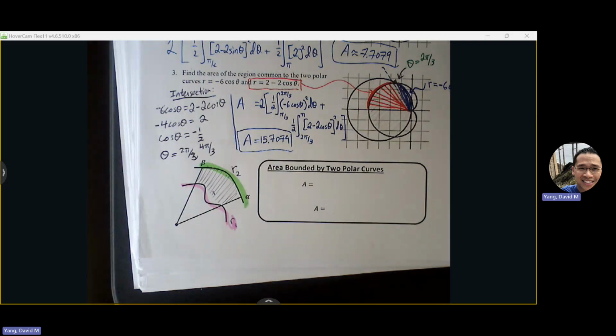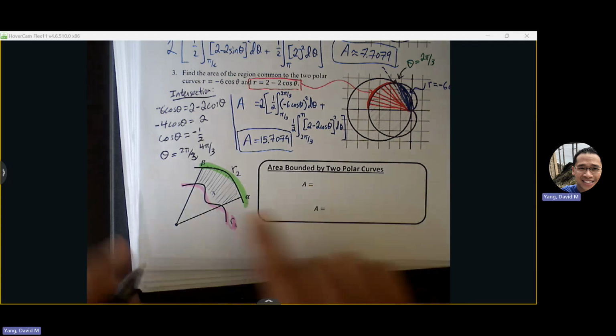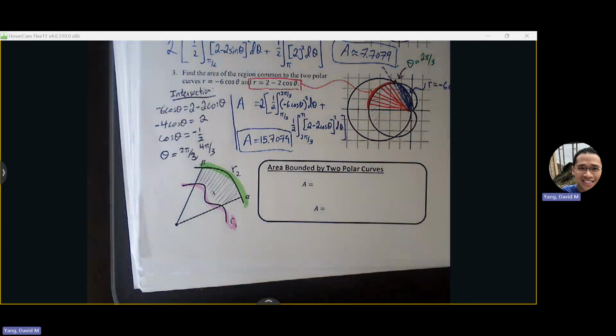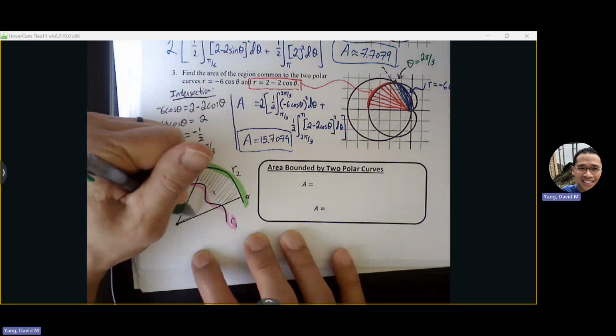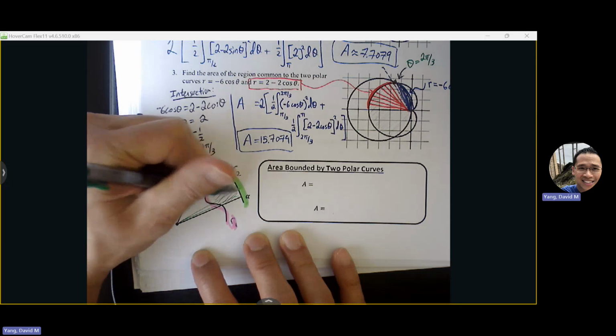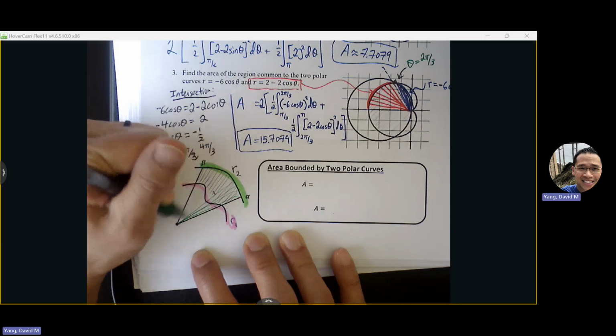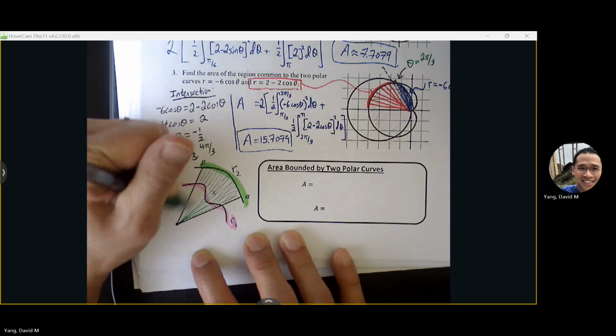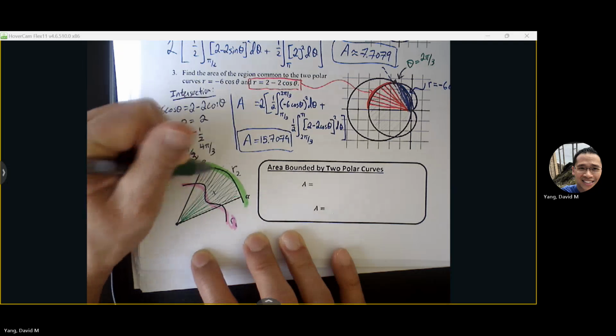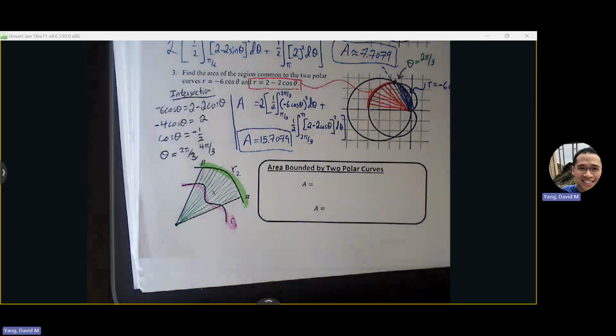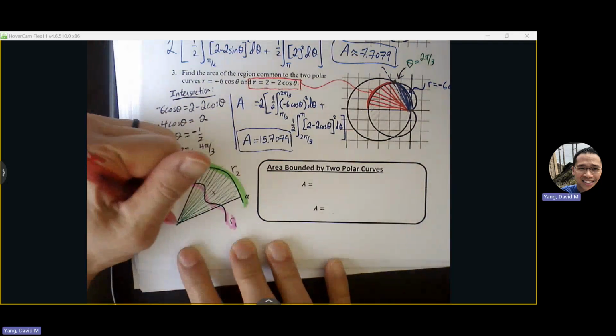So when we find the area, we're going to find the area of this larger region first, the entirety of this entire region, and then subtract the region involving R1.